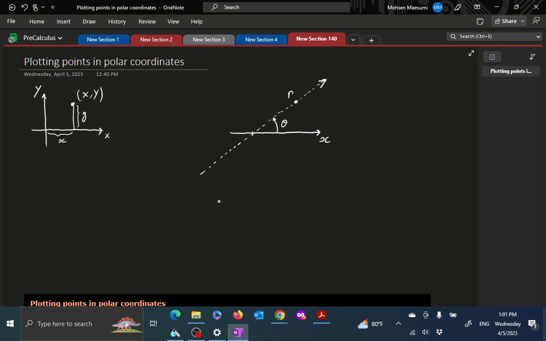So we take our x-axis and rotate it by the specified angle theta, and then on that axis we go to a certain distance. We typically refer to it by position r.